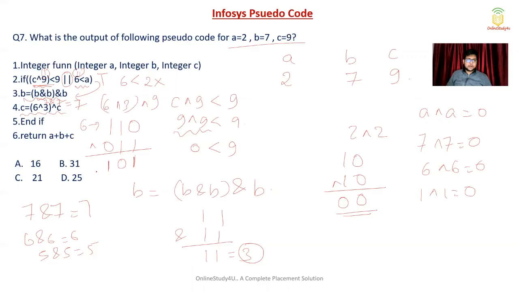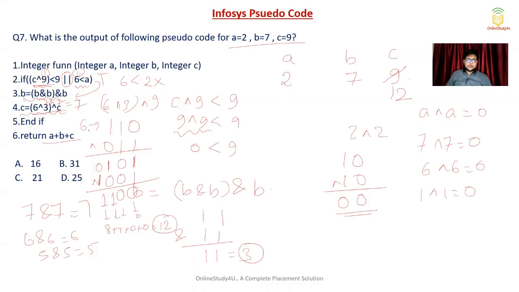And I have to take its XOR with 9. How can we represent 9? That is equal to 8 plus 1. That is 1, 0, 0, 1, and I have to take its XOR. So 1 and 1 is 0, 0 and 0 is 0, 1 and 0 is 1, 0 and 1 is 1. So this is 8 and this is 4, this is 0, this is 0. 8 plus 4 plus 0 plus 0 is 12. So my C gets updated to 12.